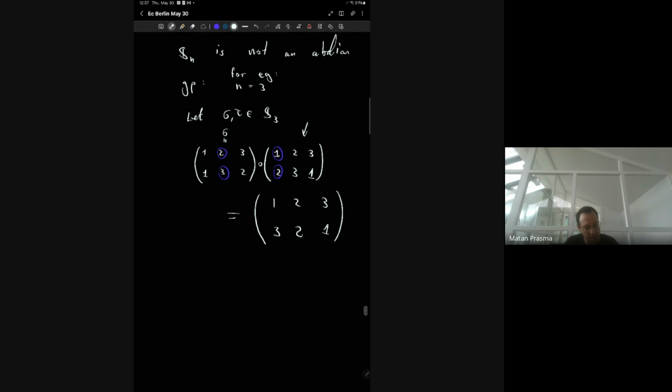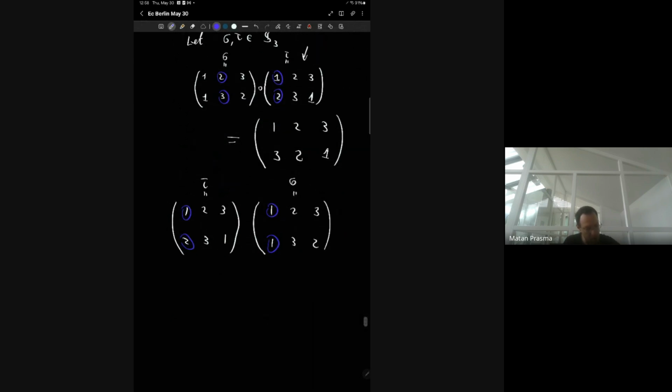Now, if I do this in the opposite order, so this is tau: 1, 2, 3 goes to 2, 3, 1. And this is sigma: 1, 2, 3 goes to 1, 3, 2. And now you can already see that 1 goes first to 1 and then to 2.